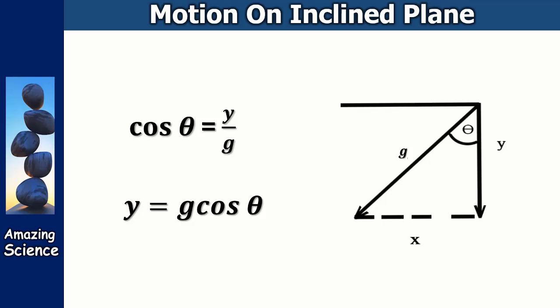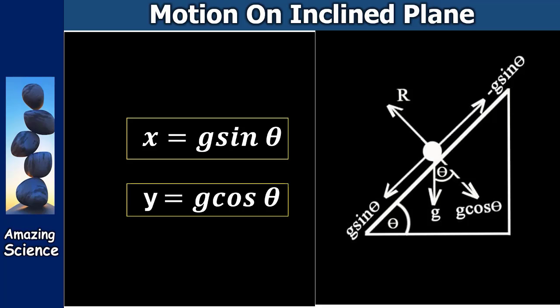So at this point, let's bring all into a single perspective. When we bring all into a single perspective, we are going to have this diagram. And so we have brought the values of the X, negative X, and the Y into the diagram. As the body rolls up and down the plane, the angle of inclination becomes very important.